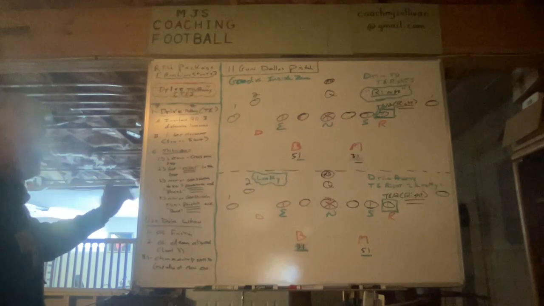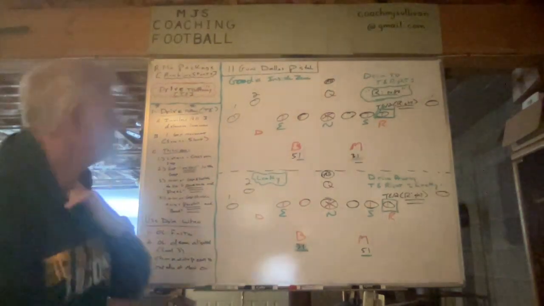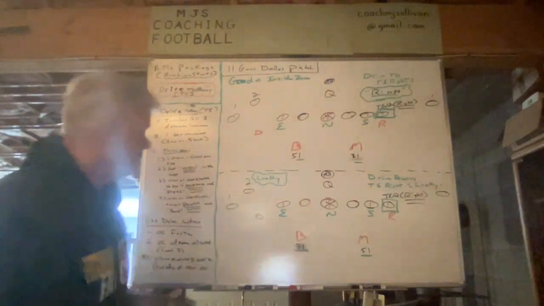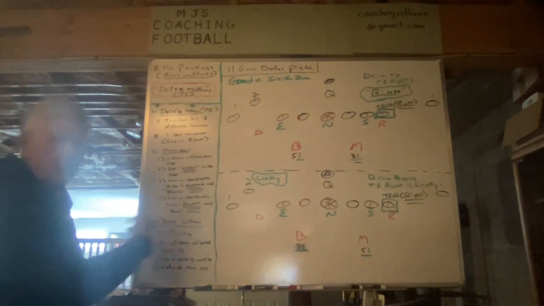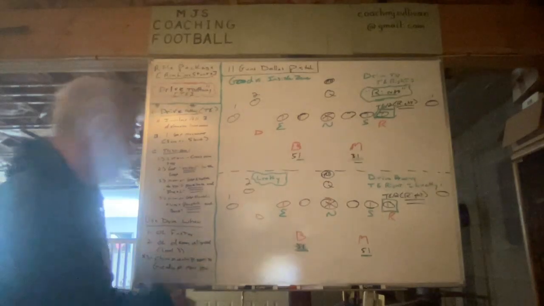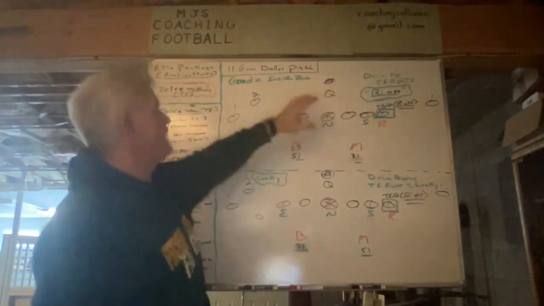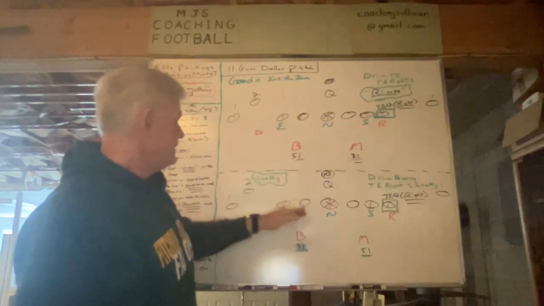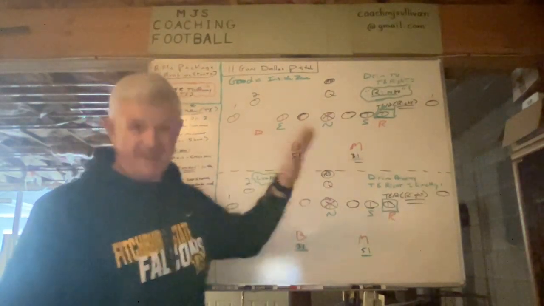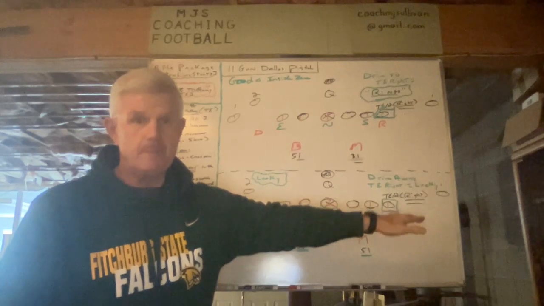After I go through the key points to drive, both to and away, I'll include why you would use drive, and when you would use drive, another way to say it. Over here, I'm going to diagram a drive to, the tight end's on the right. Down here, drive away, because again, the tight end's on the right.